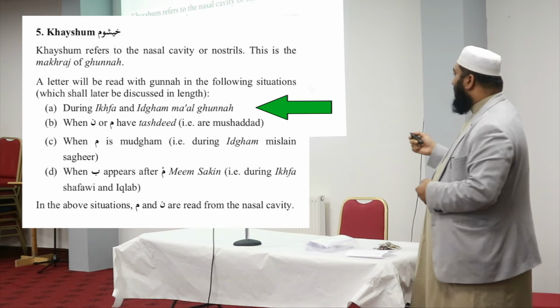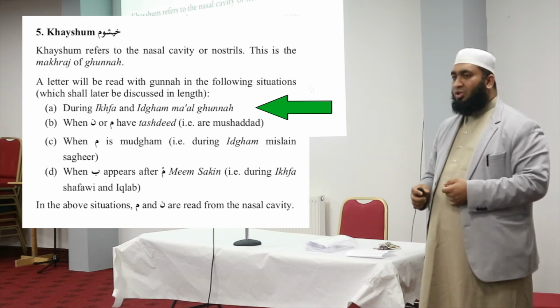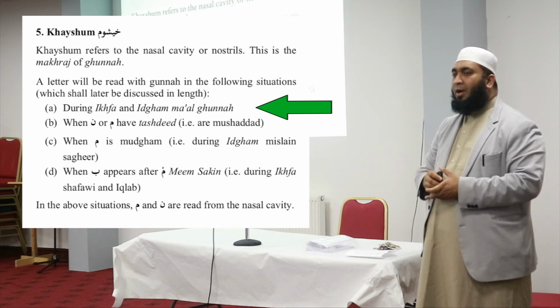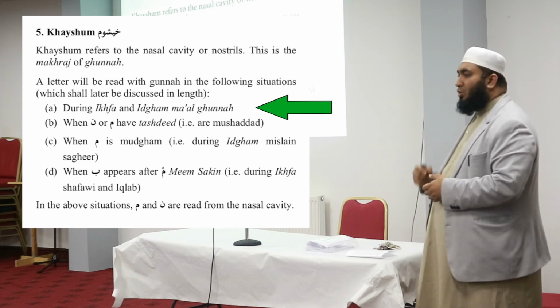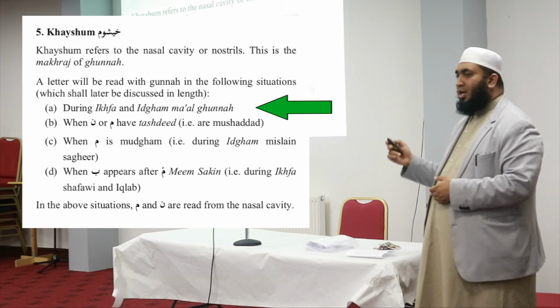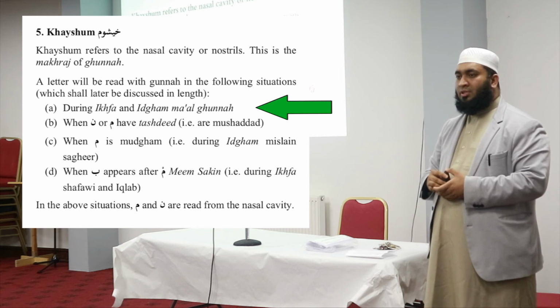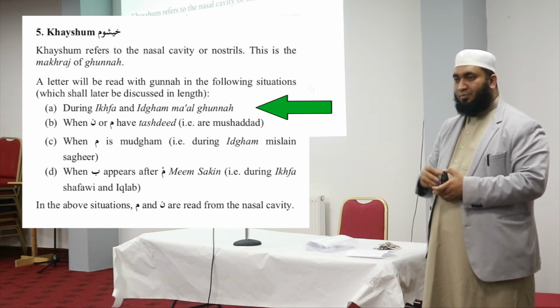If you remember, we found Ikhfa and Idgham ma'al Gunna. During Ikhfa and during Idgham ma'al Gunna, the Gunna will be pronounced from our nose. An example of Ikhfa is Man Taba.